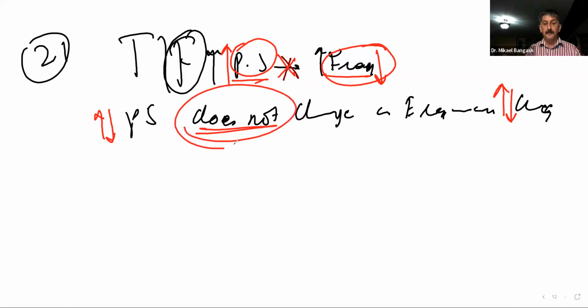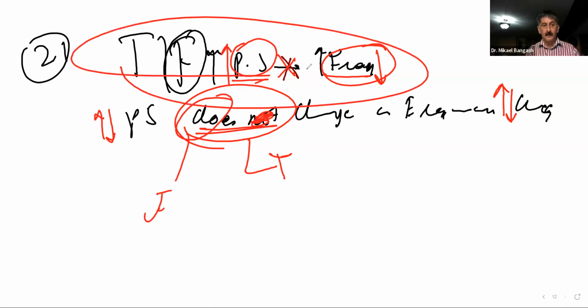So since they put that, it makes it true. Had it only said this, then it would have been false, just like questions 21 and 22 were false.